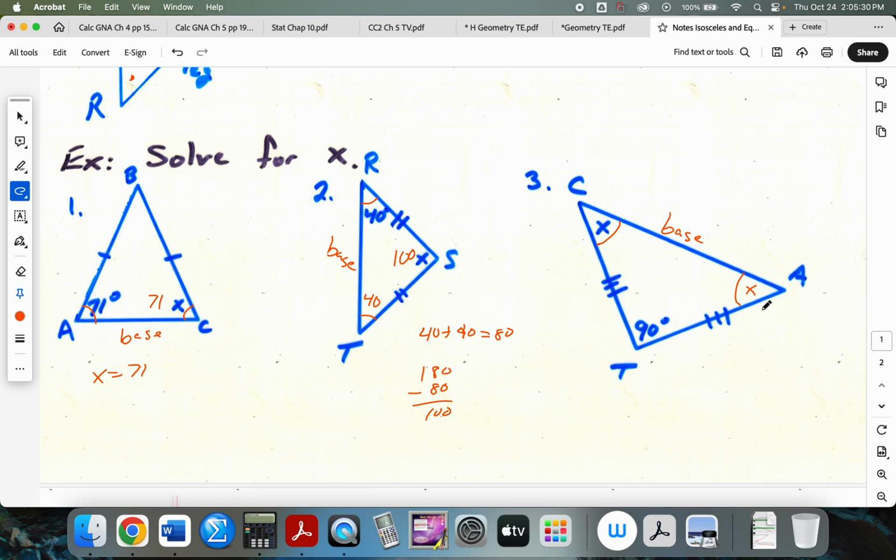And what do we know about these angles? Yeah, their sum is 180. So x plus 90 is equal to 180. So grouping like terms and subtracting 90 from both sides gives me 2x is 90. So x is 45.